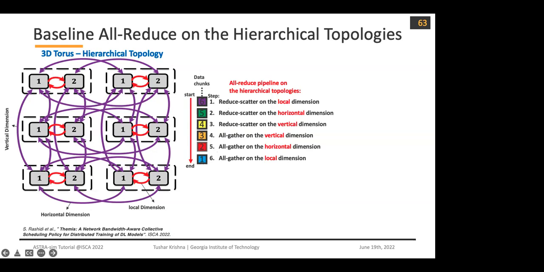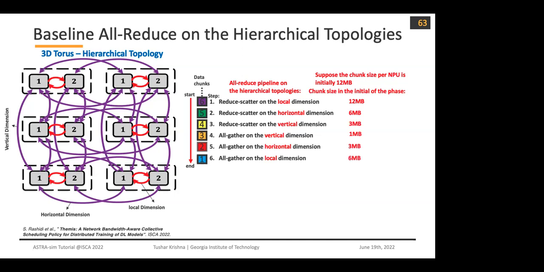The challenge with this is that every time you're doing an all-reduce, you're accumulating messages, right? So the message size decreases as you keep doing all-reduces. As you go through this hierarchical all-reduce, the size of the messages reduces.